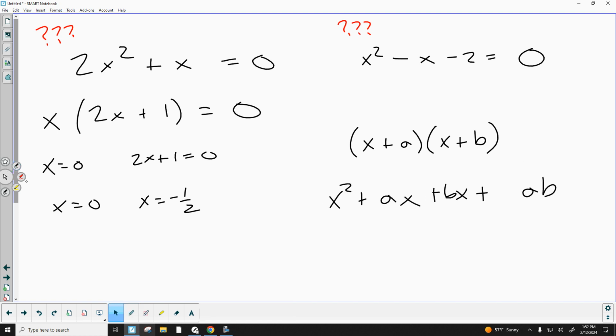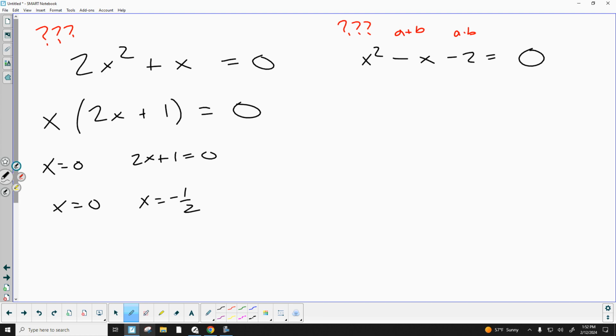So the a and the b will be added together to get the middle term, and the a times the b get multiplied. So you're looking for two numbers that add to get -1 and multiply to get -2. Those two numbers are -2 and +1.